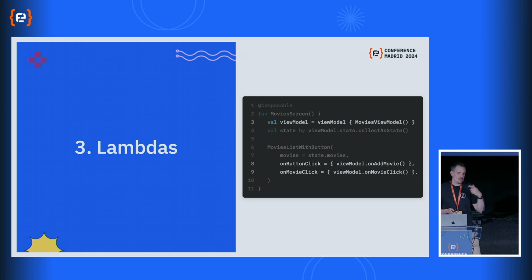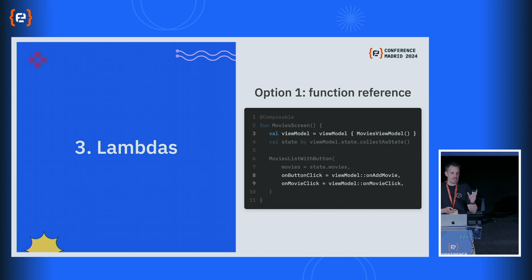So one of the options would be to make the view model stable, but view models in general are not stable because, for instance, the state flows are not stable. So it would be like lying to the compiler all the time. So we have other alternatives. The first one is to use the function reference instead of the lambda, so that the function reference never changes.